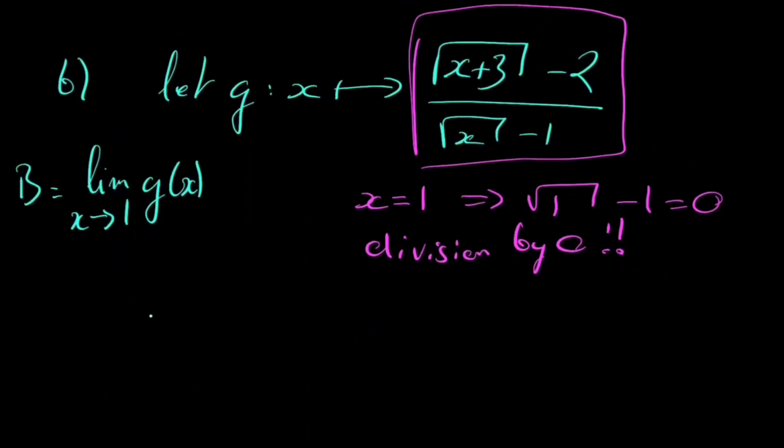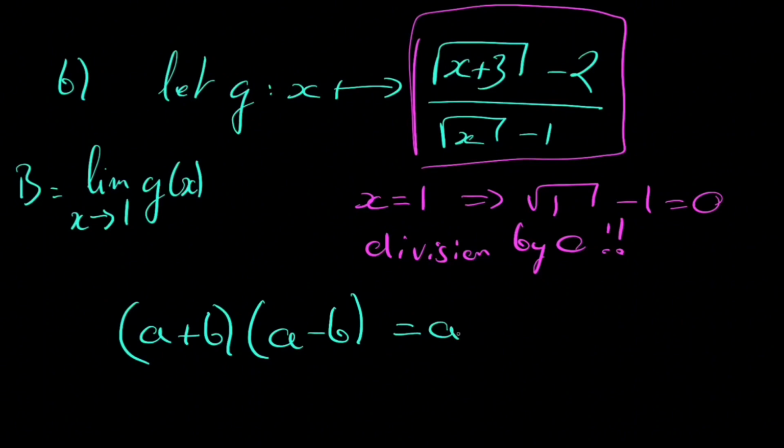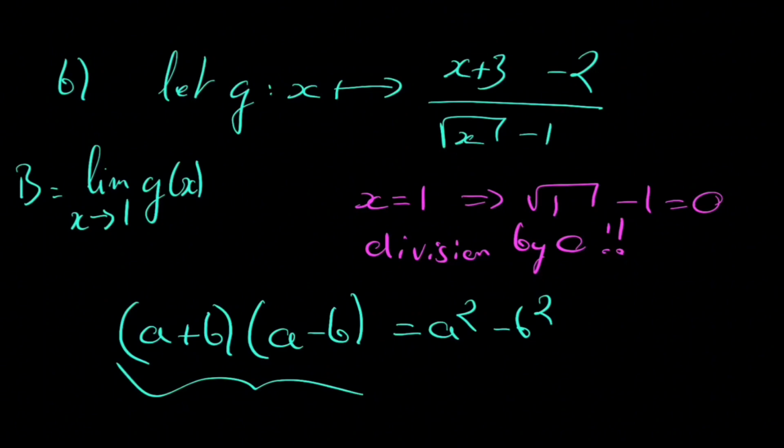Let's try. We remember that a plus b times a minus b is equal to a squared minus b squared. We're going to use this identity to get rid of this square root and this square root. So let's begin.